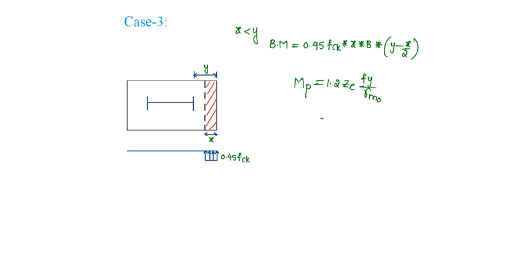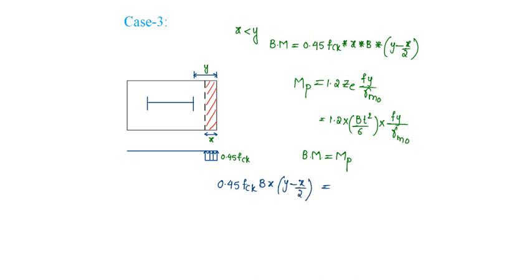So substituting 1.2 into Ze, which is B t square by 6, into fy by gamma m0, equating bending moment to the moment capacity, we can find the thickness: 0.45 fck B into x into (y minus x by 2) equals 1.2 times b into t square by 6 into fy by gamma m0.